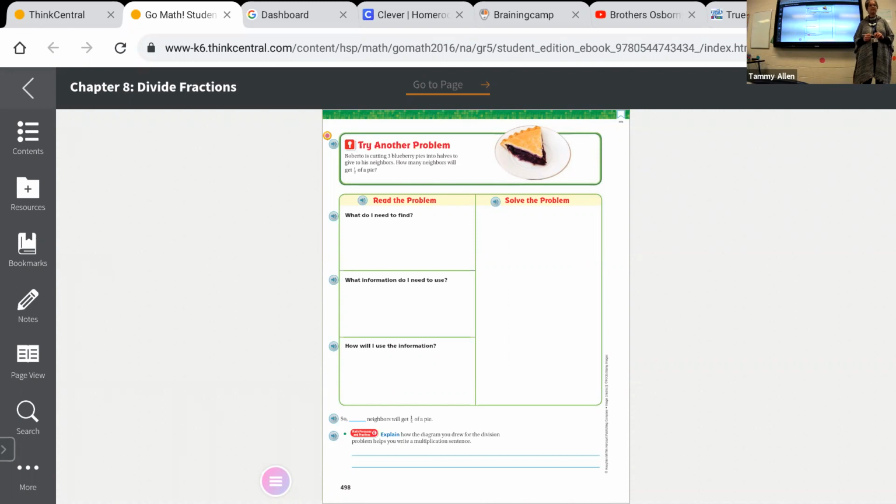What would I draw? What would the rectangles represent? A piece of pie?